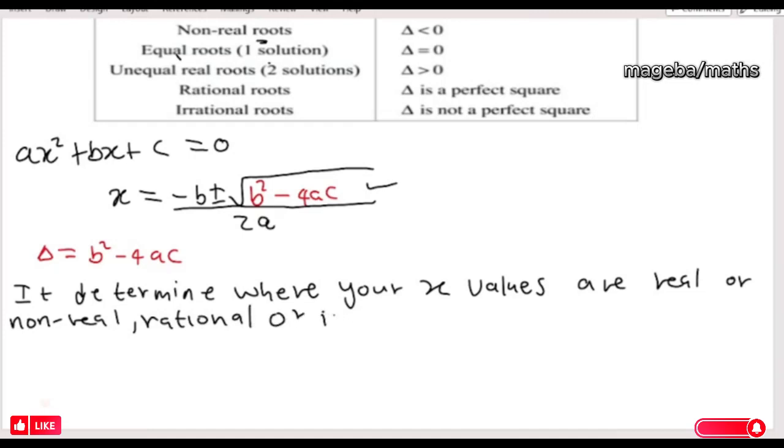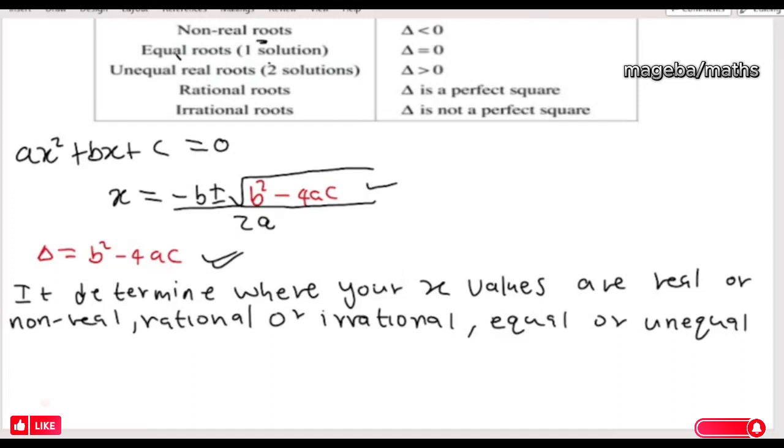Or it's either equal or unequal. That's what this thing does. The delta determines whether your x values are real or non-real, rational or irrational.